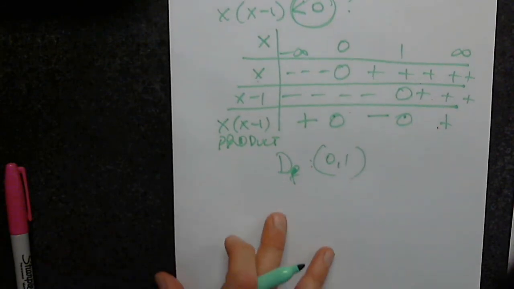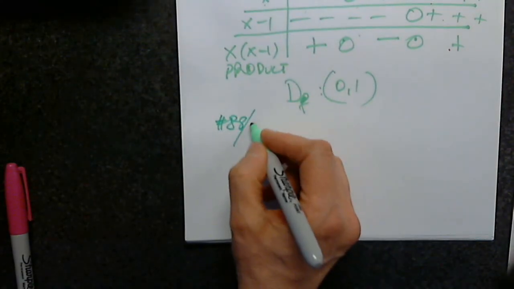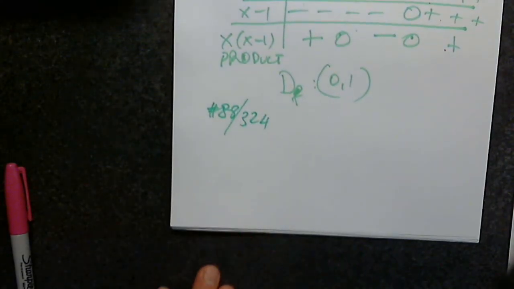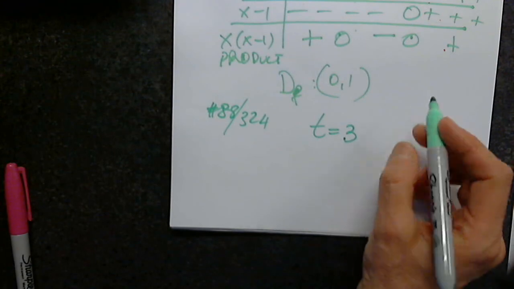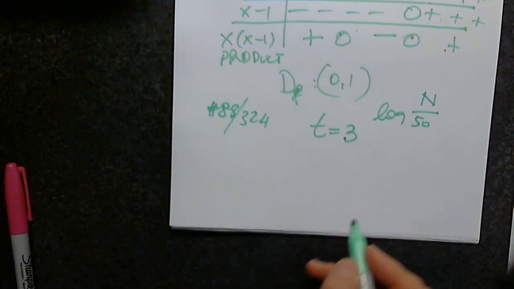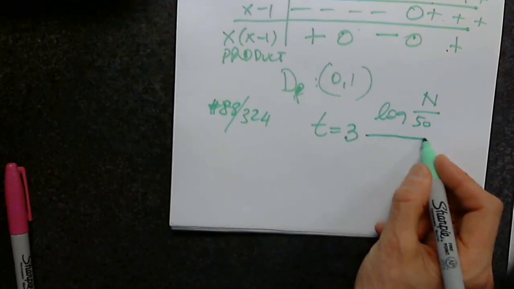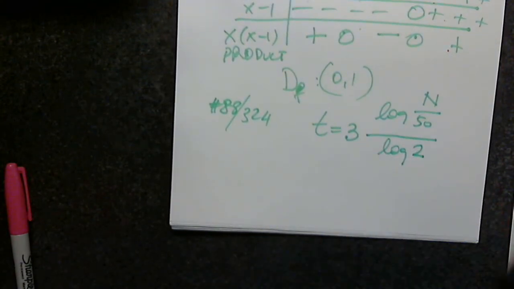So let's look at a word problem. Bacterial colony, on page 324. And then we'll look at the graph and transformations. T equals 3 log of n divided by 50, everything divided by log 2. All these are common logs. There is no base, so it means base 10.